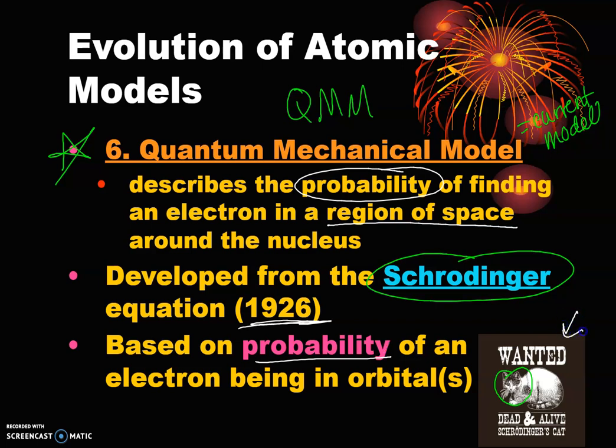Okay, Schrödinger's experiment basically had a box, there was a cat inside, and there was some poison. And it was a soundproof box, and they said, is the cat alive or is the cat dead? And everyone in class debated over it.